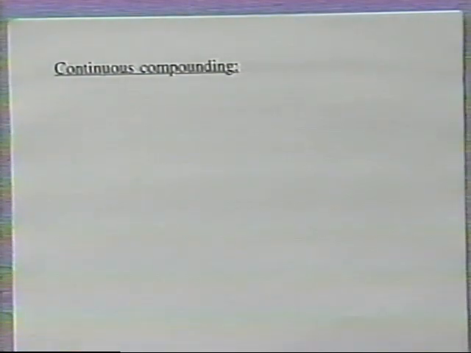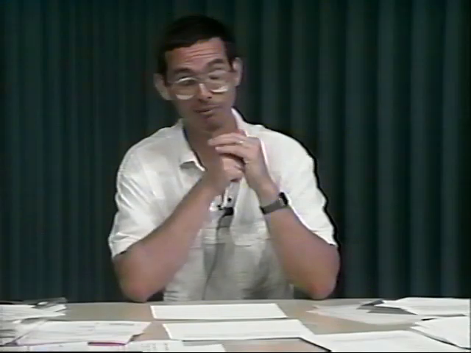In today's lecture, we're going to be looking at transformation factors that take into account continuous compounding. We saw in previous lectures that we can consider the compounding period to be very, very small, in fact to the point of infinitesimality, so that we're compounding continuously as opposed to periodically.